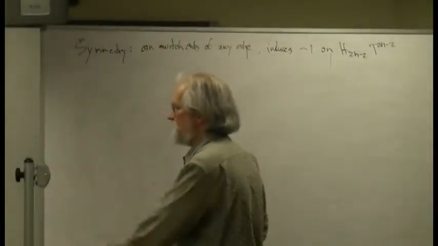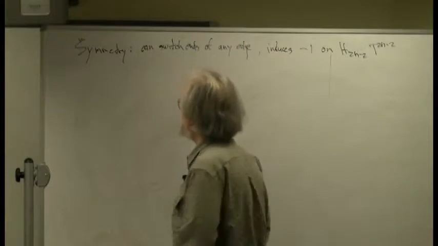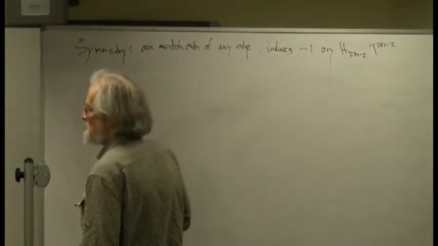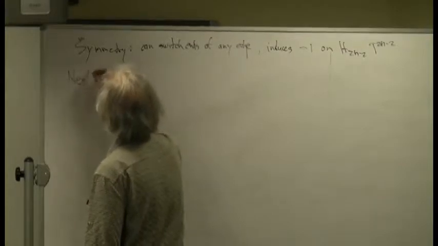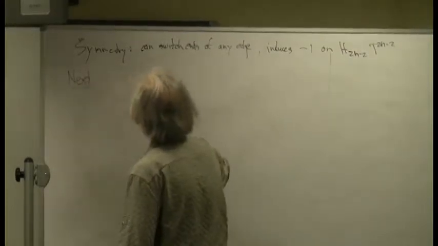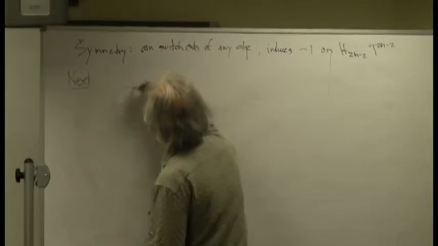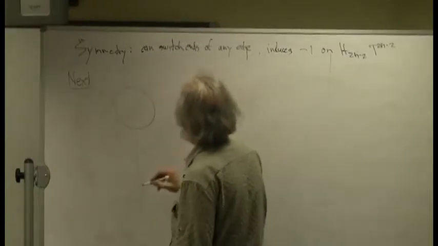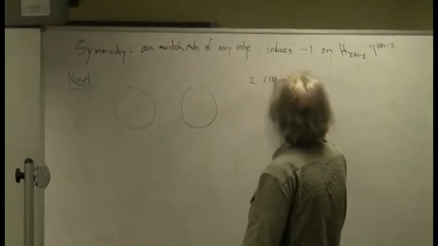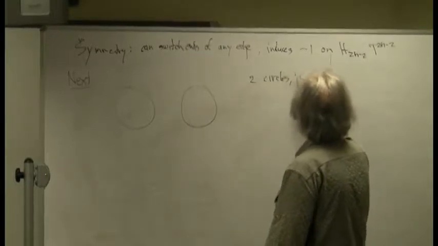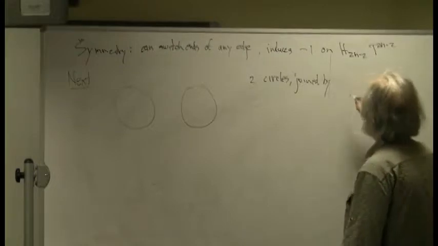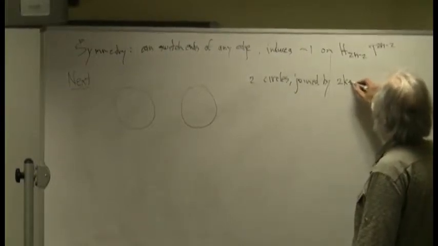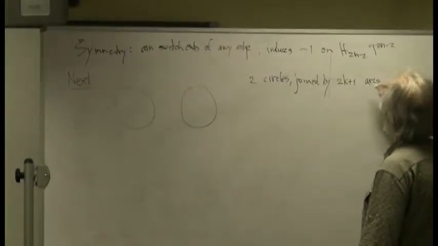So this is something that doesn't give you anything non-trivial. Let's try something just a little fancier, something that will give the Morita classes. So now start with two circles joined by an odd number of arcs or edges.